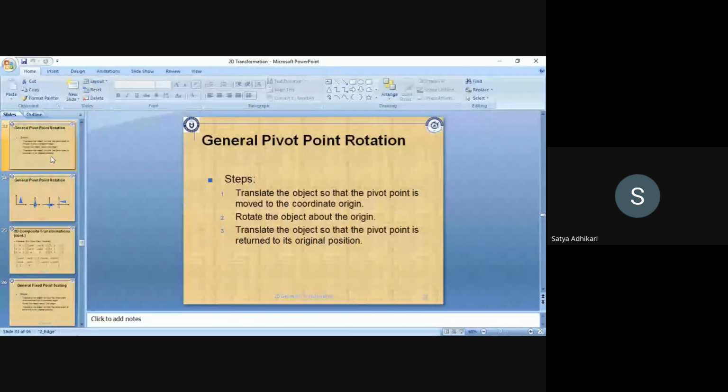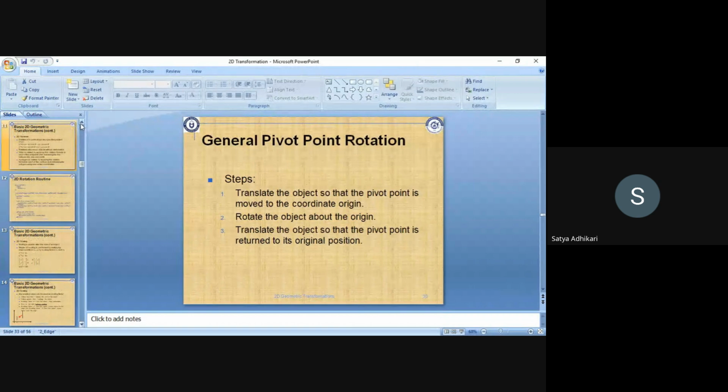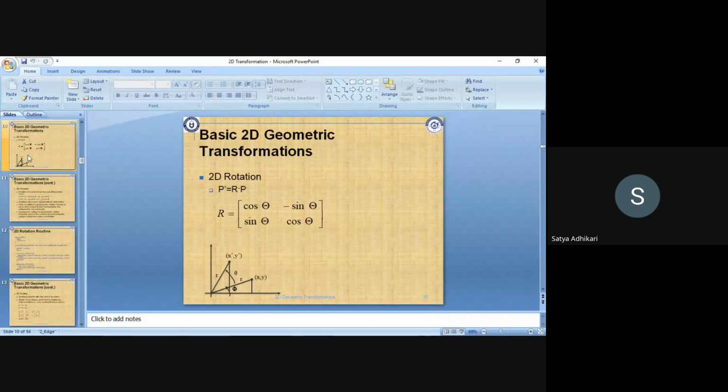So far, the pivot point was the origin. If you go back to the rotation slide, you see we have rotated that object. There is a point x, y, the original point. Now I rotate that point to x dash, y dash through an angle theta anticlockwise with respect to the origin.